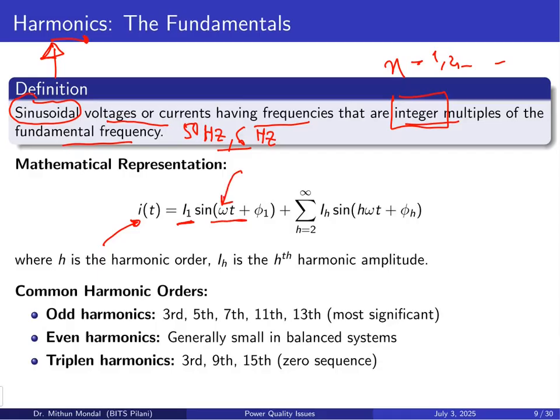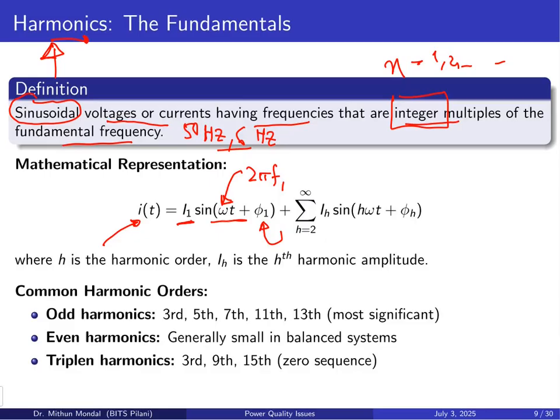Here omega is equal to 2 pi f1, where f1 is the fundamental frequency, and if we have harmonics present, then those are distorting or hampering the fundamental component of the current or the voltage wave.